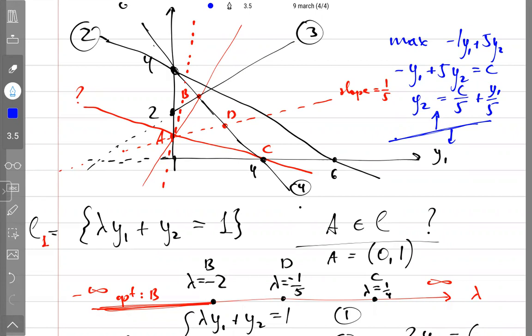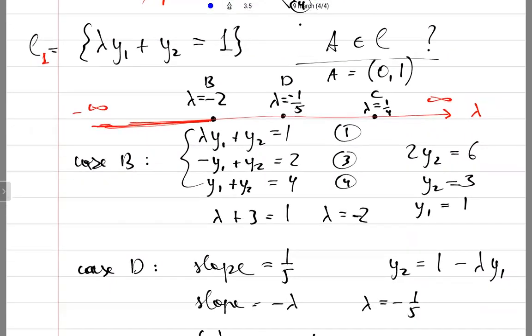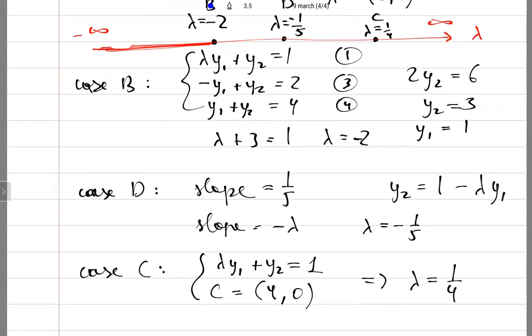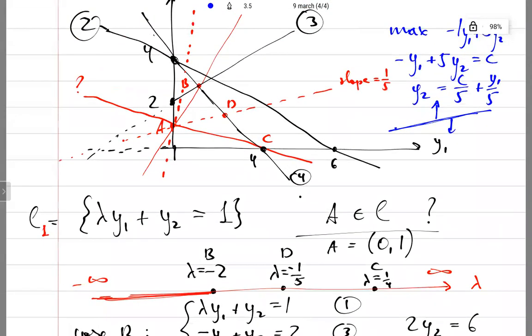So let's draw it for each case separately, because maybe it would be better.